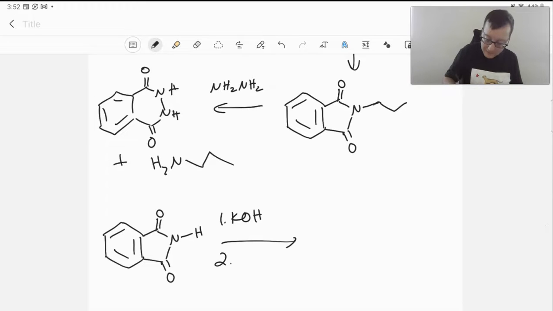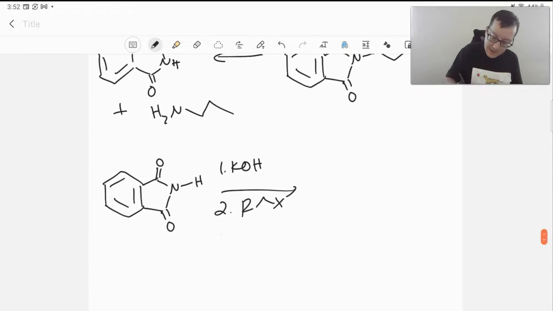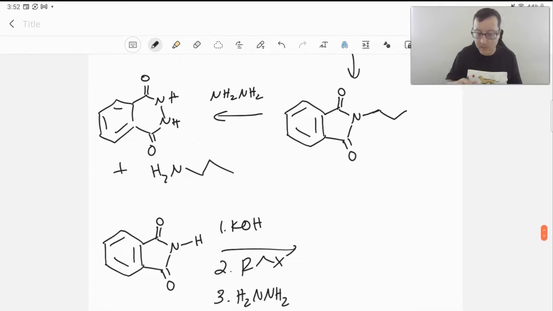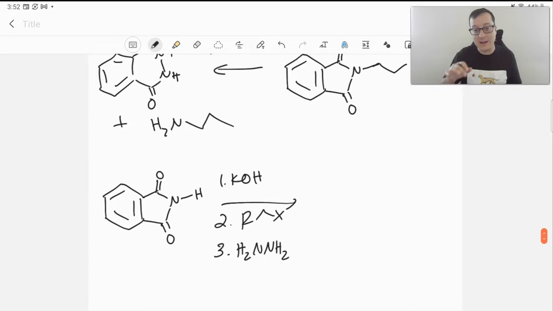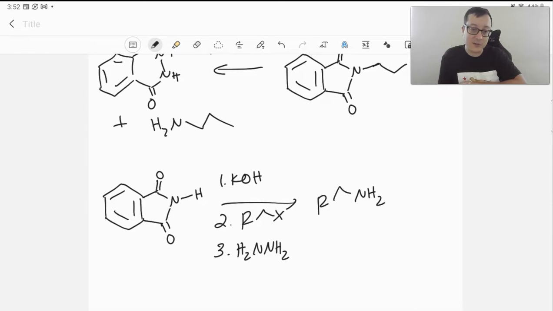You'll add in your alkyl halide of choice. We'll just say RX for now. And then step 3, hydrazine. You can write hydrazine either way, NH2, NH2, or H2N, NH2. They're the same. And you'll end up now getting your amine out. This one also does not add any carbons. However, as we see, we have some terrible atom economy here. We are using this phthalimide, many atoms just to get 1 atom out of it. Kind of terrible. But it works.